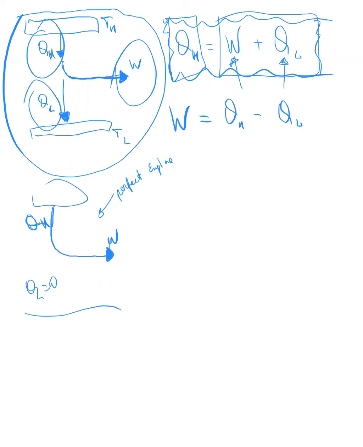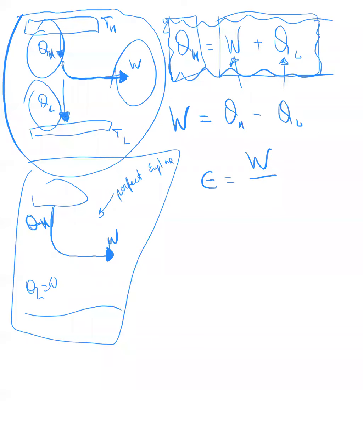To describe how close real engines are to this perfect picture, we use efficiency, and efficiency, usually denoted by the Greek letter epsilon, is work divided by the amount of heat.